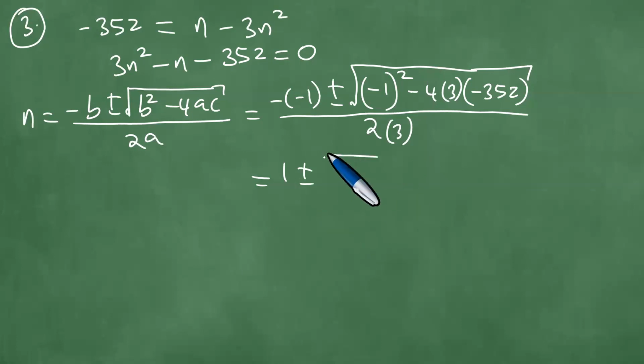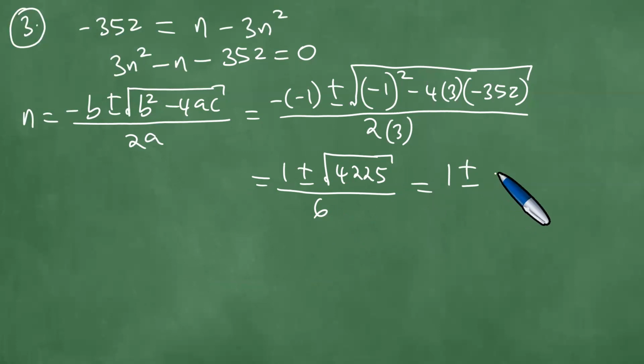So under the square root, you're going to have 4225, all divided by 6. And then we can get the square root of that one. Maybe somebody already has the square root of 4225. 65. Getting 65.